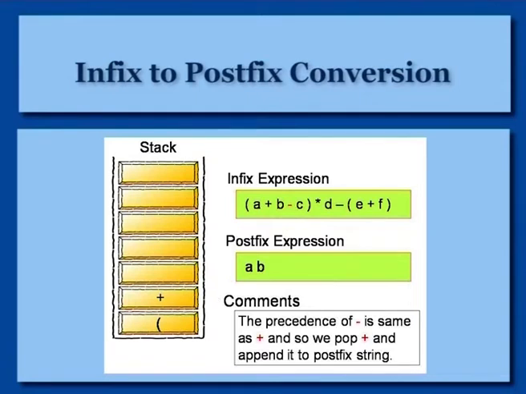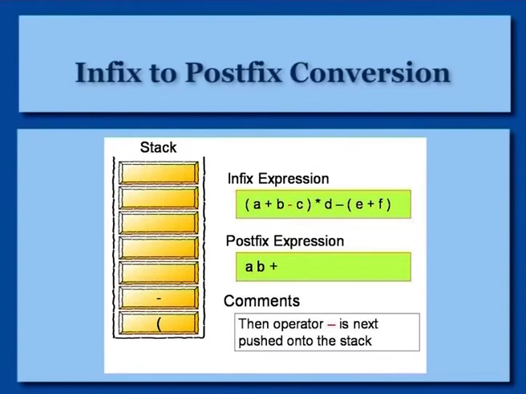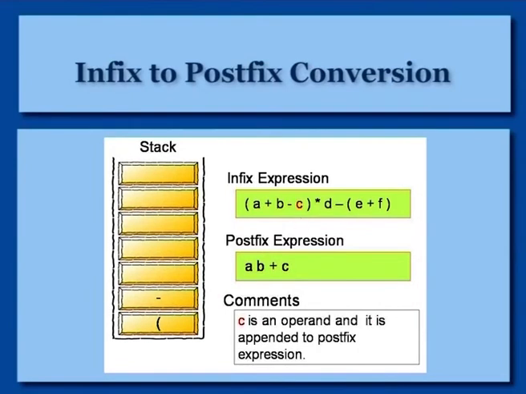The character at top of the stack is addition operator and as the precedence of addition and subtraction operators is same, we pop the addition operator and append it to the postfix string. Then the subtraction operator is pushed onto the stack. The next character c is an operand and it is appended to the postfix expression.